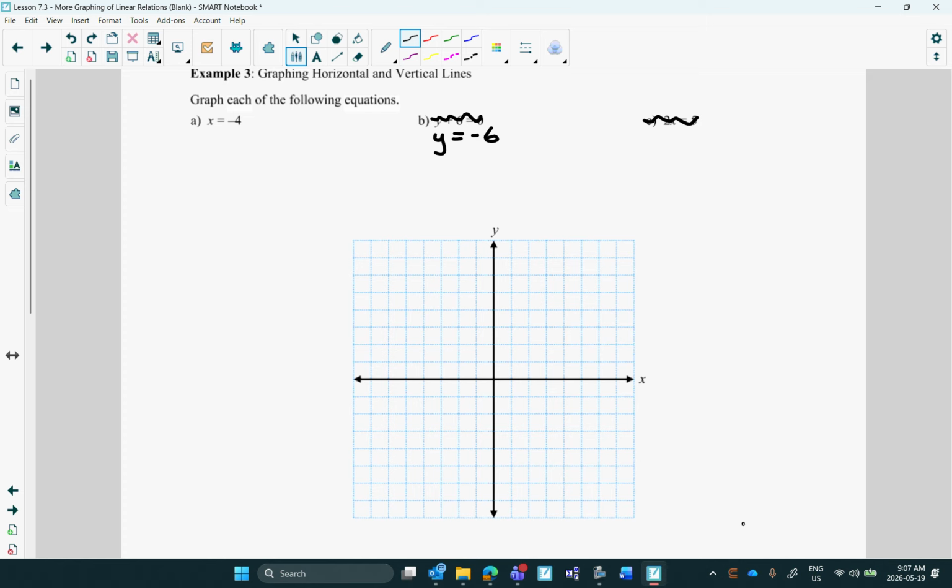Vertical. So how do we graph it? Tell me a point anywhere on the grid where X is -4. -4, -3. Okay, -4, -3. Now draw a vertical line through it. Done.